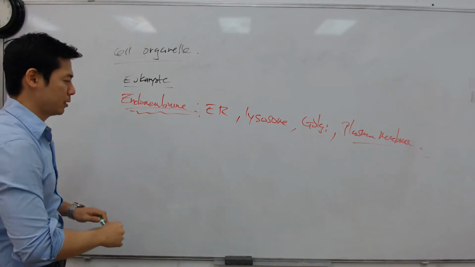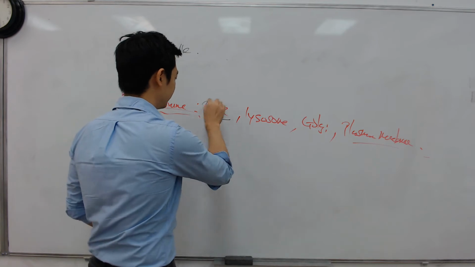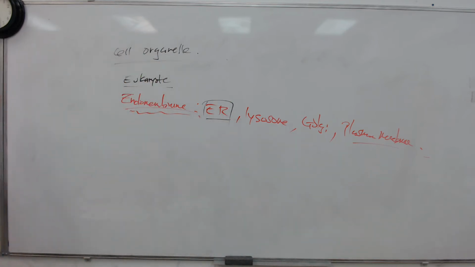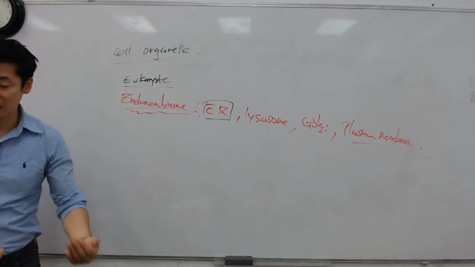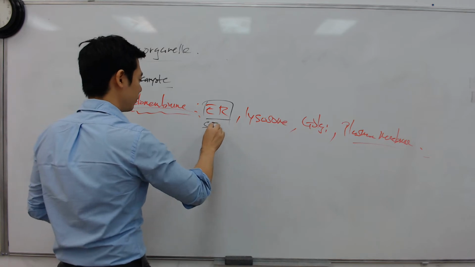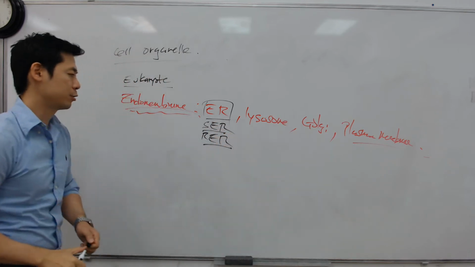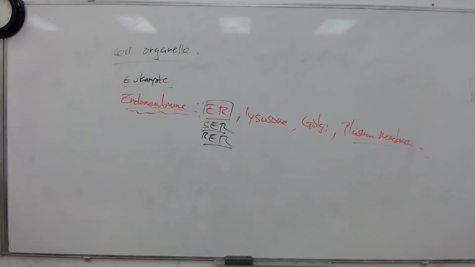So one thing to note about the ER in a eukaryotic cell: there are two different ERs. One of them is the smooth ER. The other one is the rough ER. Two different ERs. And now this is a nucleus.